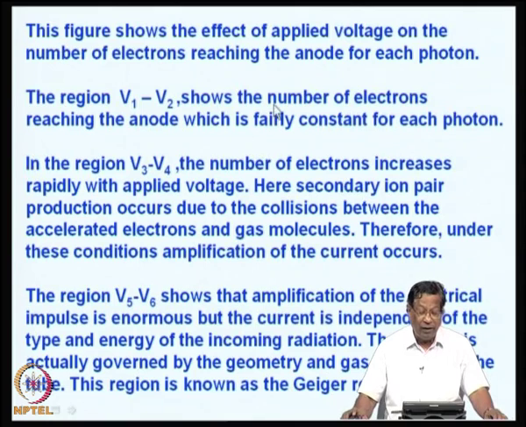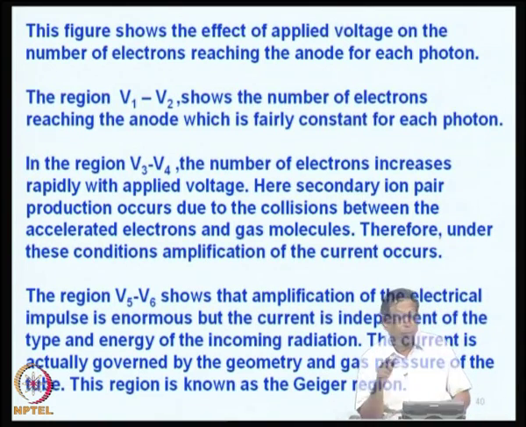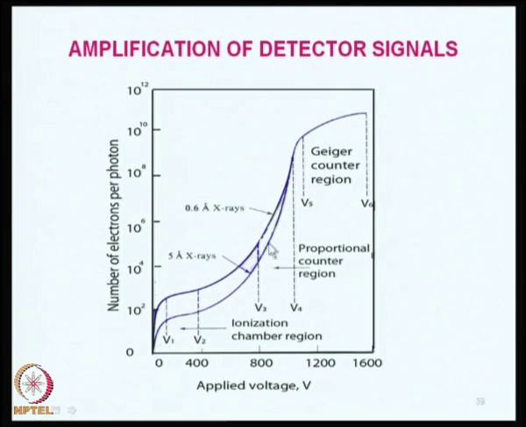So, the first region shows the number of electrons reaching the anode, which is fairly constant for each photon. That means the amount of energy is constant and it can be detected very easily. In the second region, that is V3, V4, you can see that the slope has changed and it has increased enormously in this range.